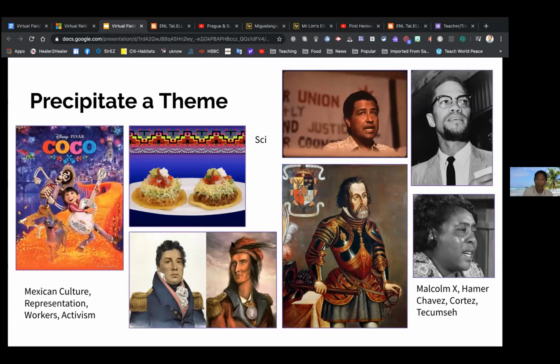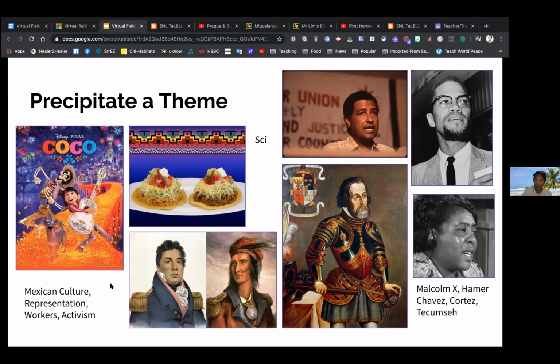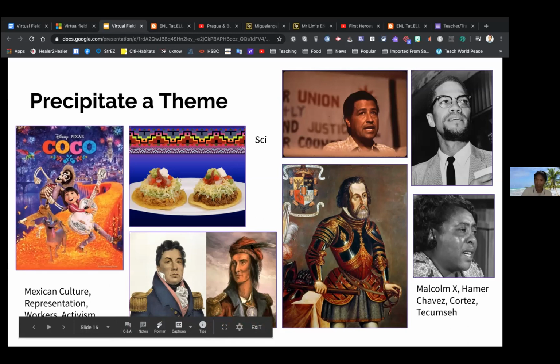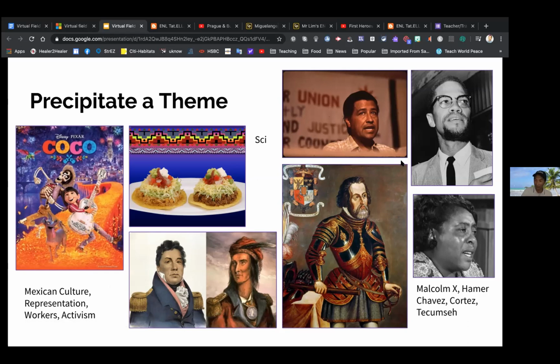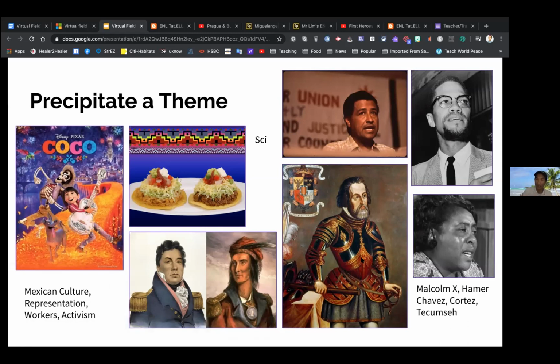So you're thinking immigrant families, workers, for example, and you're thinking already activists like Tecumseh, for example, pictured here for Native Americans, and Fanny Hammer, pictured here, Chavez here, Malcolm X, of course, and whether or not Cortez was an advocate, you can also create examples of how people are not advocates, right?